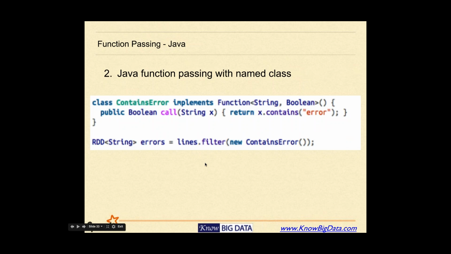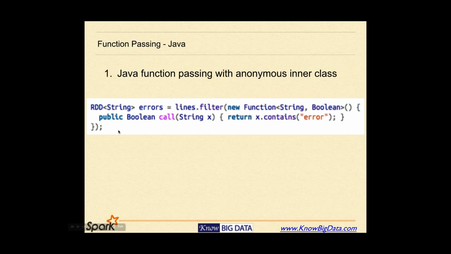Now you can see that this is the data which we have loaded from somewhere, and then we are saying lines dot filter new ContainsError. What is important here? This has got a name, which means ContainsError could be used at as many places as we want. Now the same thing from here till here is in the previous one also: new Function, and we are implementing the function called call by providing its body.